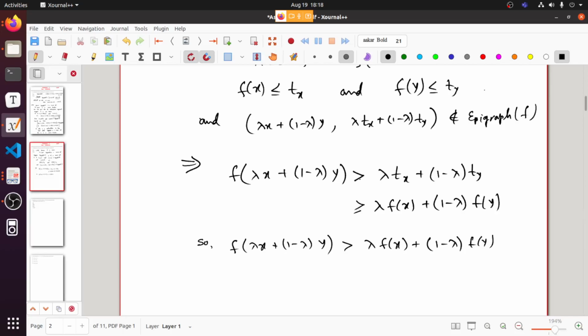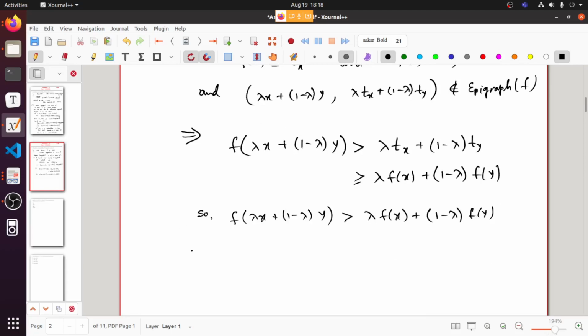This is strict because this inequality is strict, right? So that's why everything is strict. Which is a contradiction to the fact that f is a convex function, right?